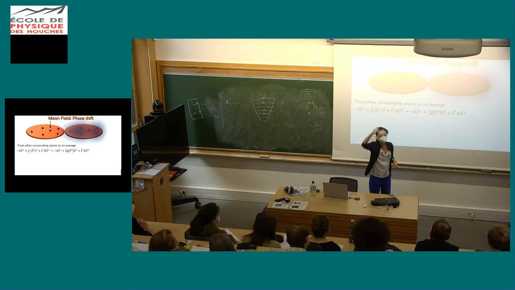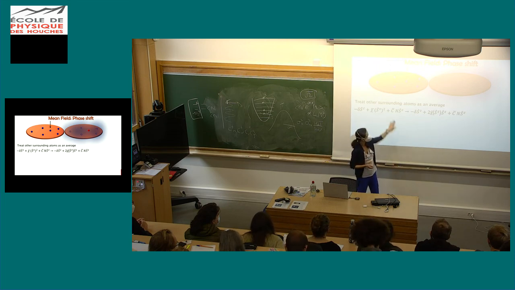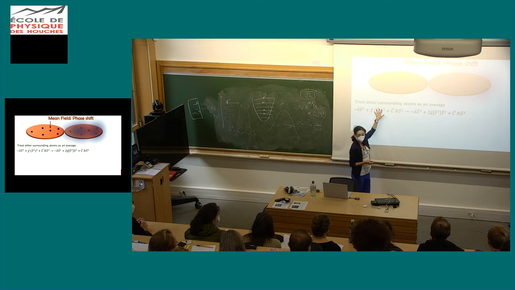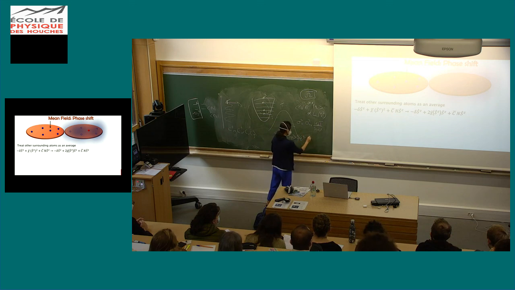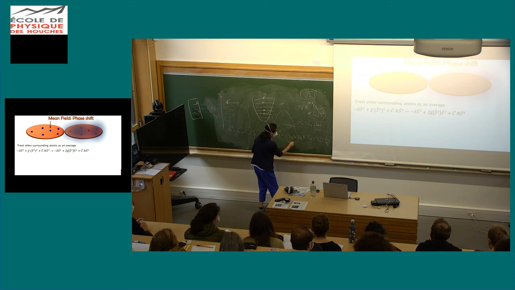So that means that the other particles are acting as a magnetic field on my particle. So I have an SC squared term in the Hamiltonian. I replace it by the mean times SC plus SC times the mean minus 2 times the mean square. This is a constant term. So this is twice expectation value of SC.